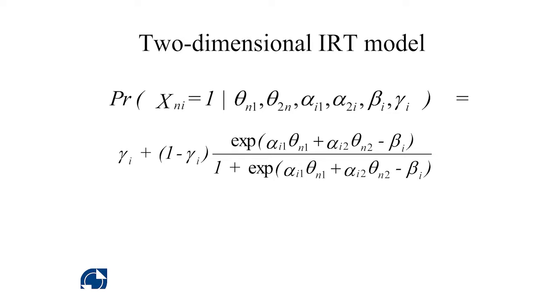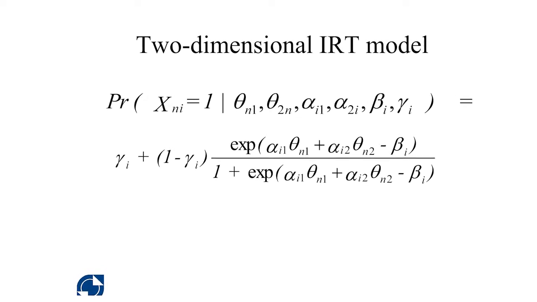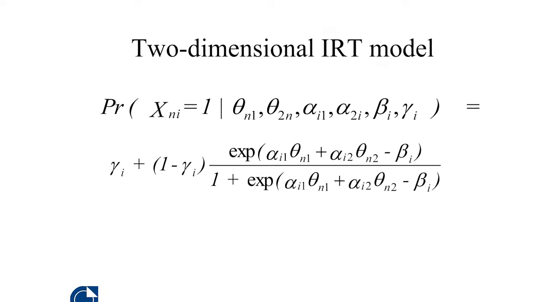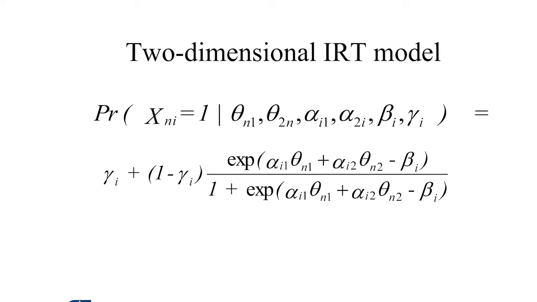And the important thing here is, again, we look at the denominator over here, and we say theta sub n1 is the ability of a person on the first dimension. Theta sub n2 is the proficiency level of a person on the second dimension.